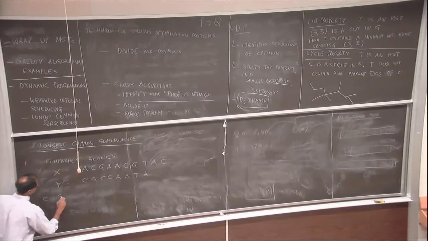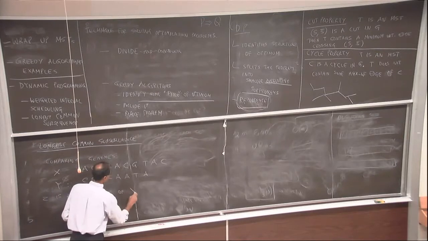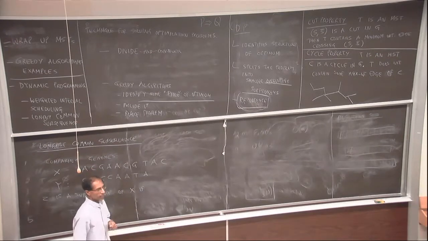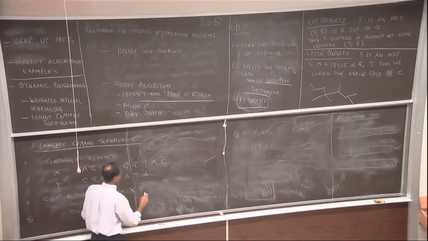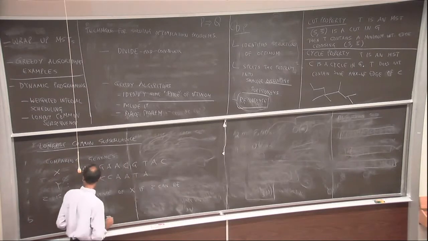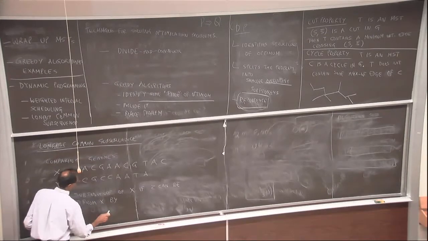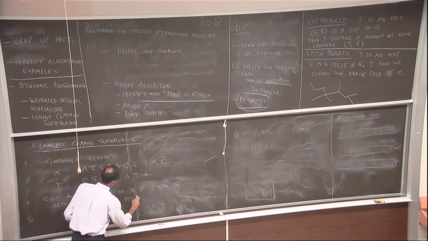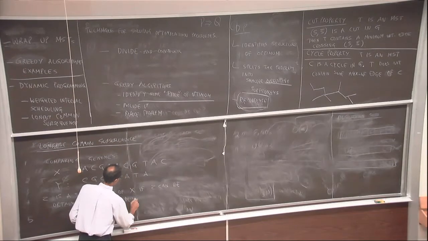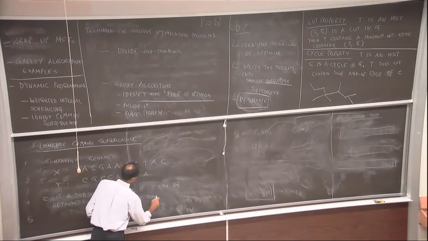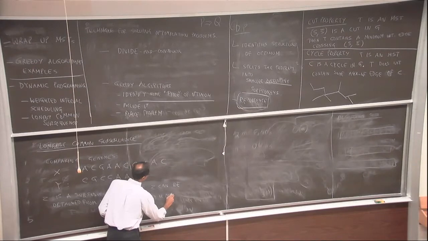We say that Z is a subsequence of some given sequence X if Z can be obtained from X by just deleting zero or more characters in X.